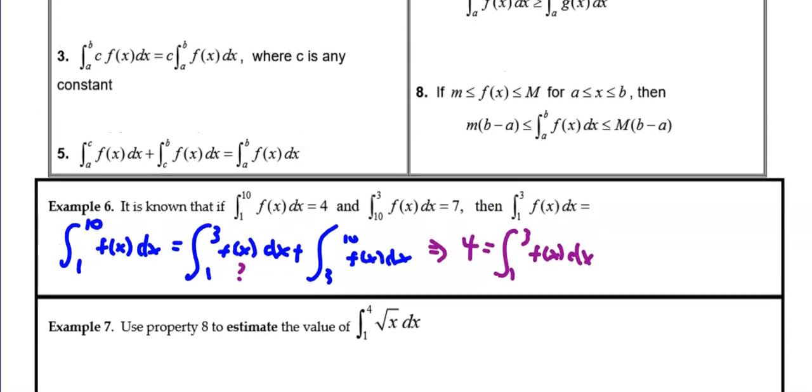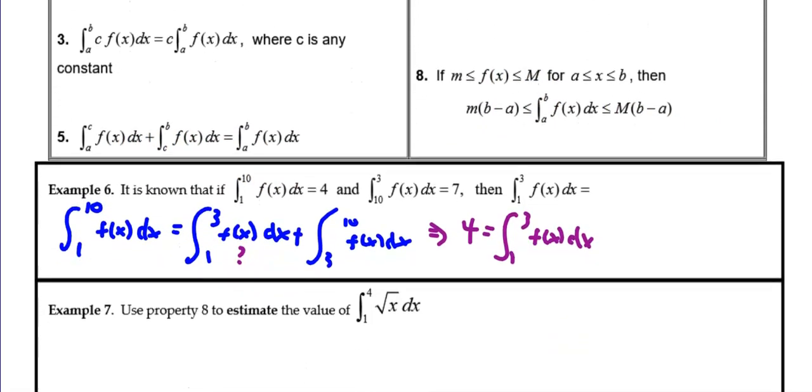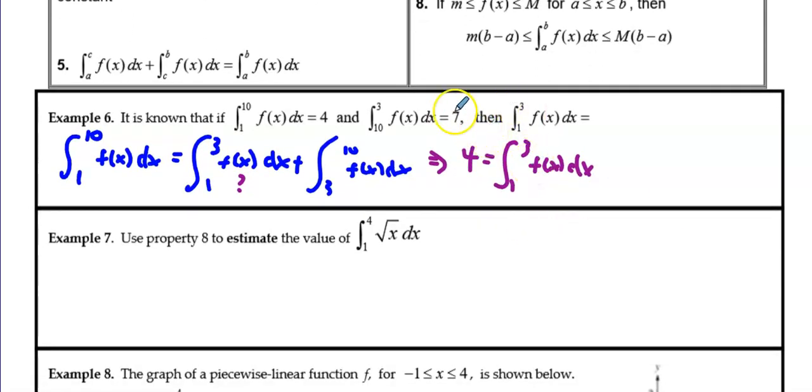Well, this is actually very easy to do because there's an identity at the top of the page. So what we've actually done so far is we've looked at this one right here. We've looked at this one right here. And so one of them that's actually not up here, which is surprising to me, in my notes here, is we can actually flip-flop it. So if I want to write that this is going to be the integral from 3 to 10 of f of x dx, then all I have to do is change the sign.